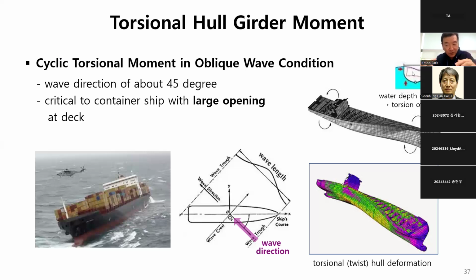So this difference of water depth induces the rotation of the section. But the rotation directions are different at the front and rear. So this difference makes the whole structure twisted. So torsional deformation is induced, as in this structural simulation. For container ships, this kind of loading is the most serious.